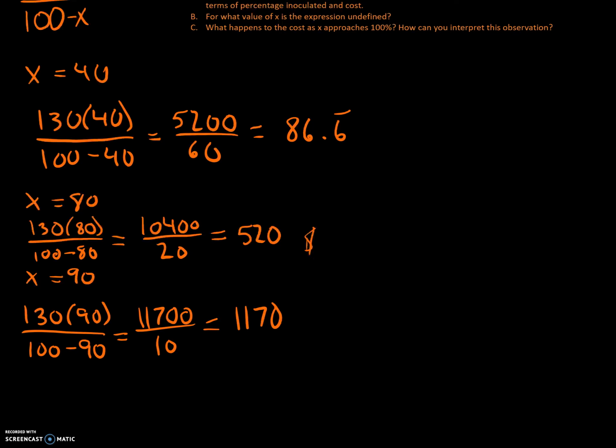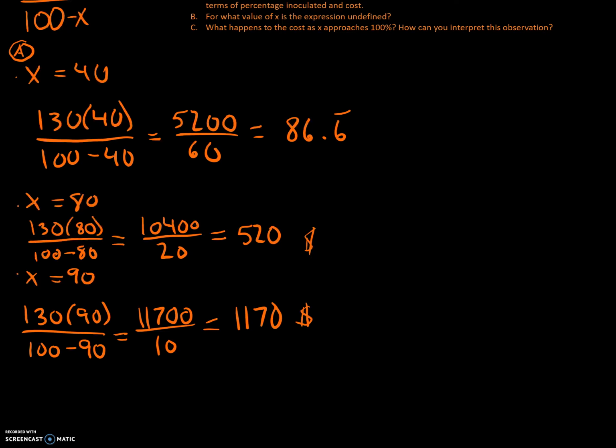And then 1170, and that's really $1,170,000,000. So as they try to inoculate more and more of the percentage of people, it ends up costing more money, as we can see. So that's part A. But that's what we want to be able to see from just plugging in some numbers.